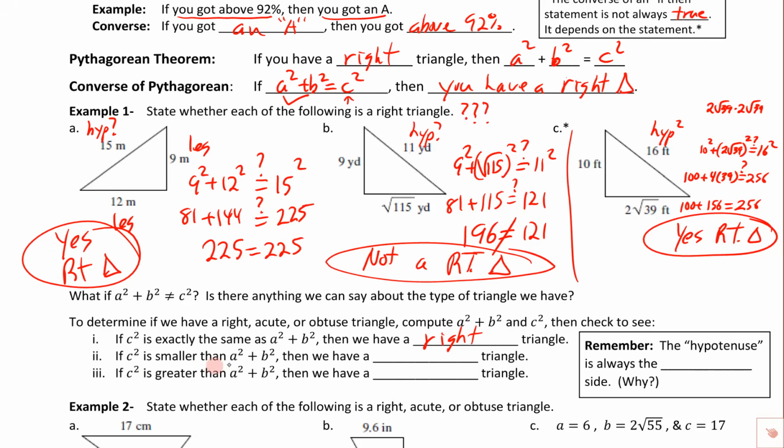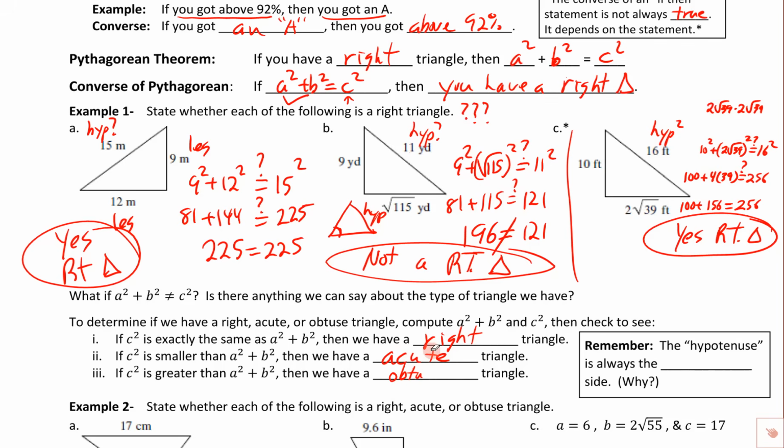If c squared is smaller than a squared plus b squared, that's what we had right here, c squared was smaller, then what happens is we've kind of got a right triangle where we had to shrink things in. If this was the hypotenuse, it got smaller, so what it did is it made this a smaller angle. So we have an acute triangle. And if c squared is bigger than a squared plus b squared, then we have an obtuse triangle.